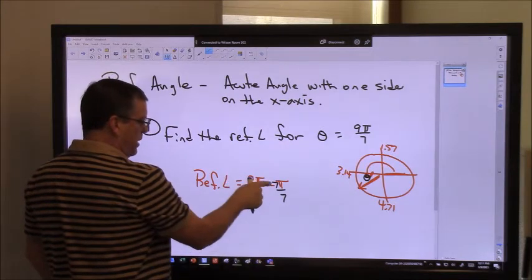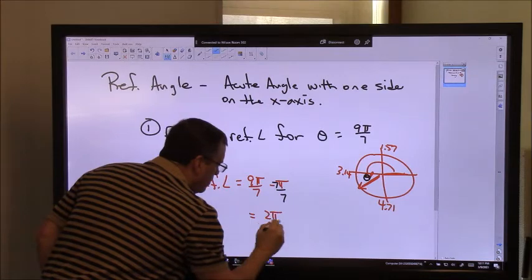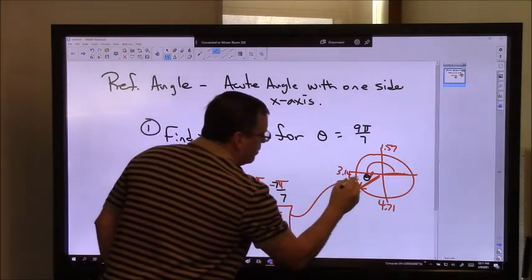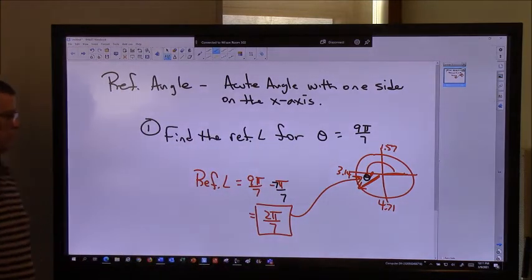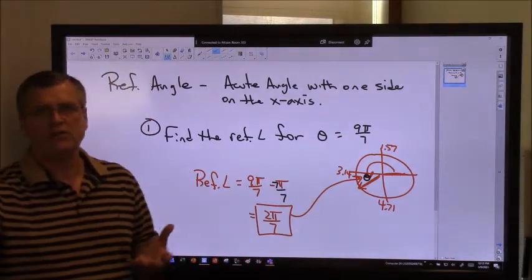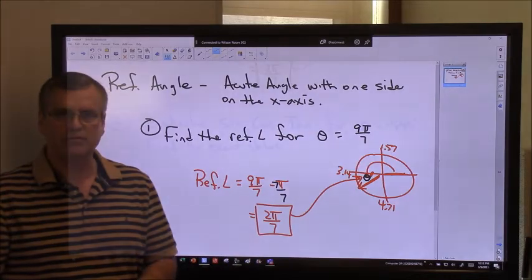So now 9 pi minus 7 pi, that's 2 pi over the common denominator. There's my reference angle. All right, so we'll get some questions like that today. Some will be in degrees, some will be in radians. We just need to get to the point where we're comfortable with both of those.